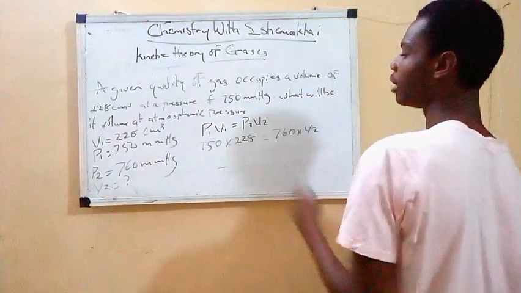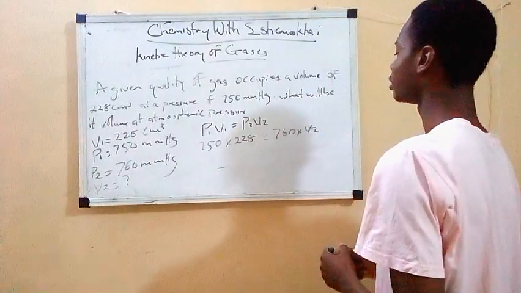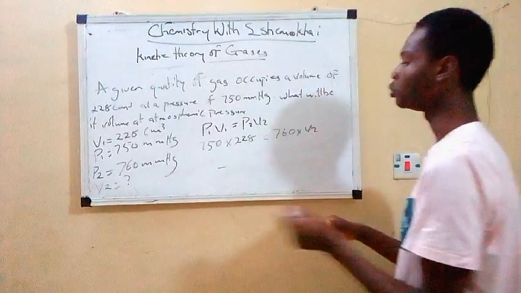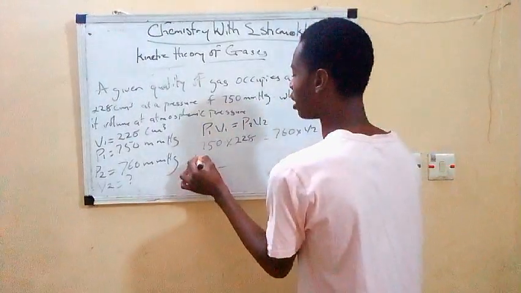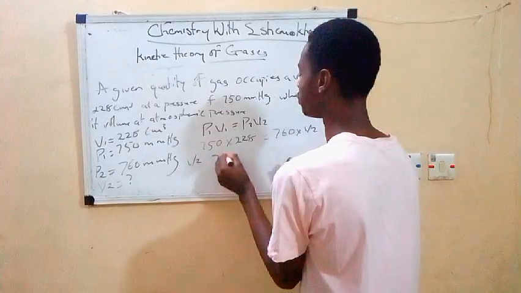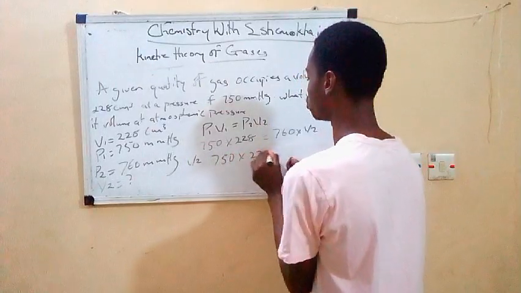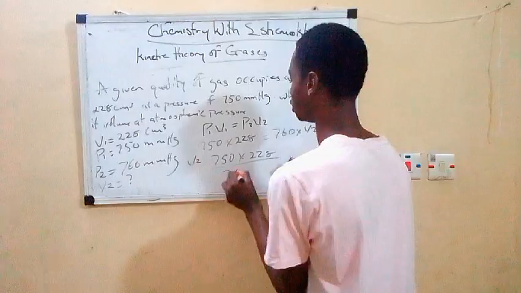So we have 750 times 228 equals to 760 times V2. So V2 goes here. It will now be 750 times 228 over 760.